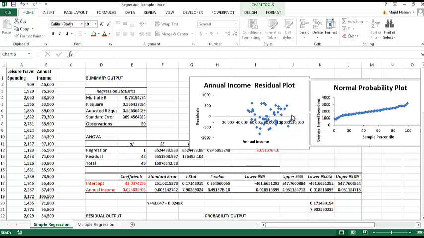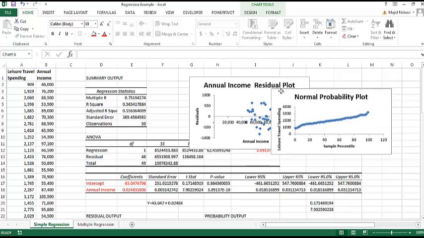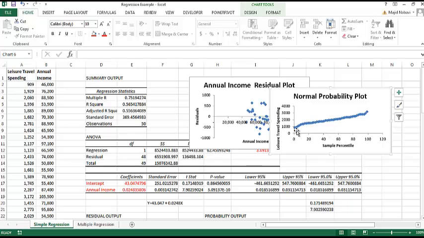If we see a curved pattern, or for example, if the errors are concentrated on one side mostly, or errors on lower numbers are much bigger than the errors on larger numbers, then we have a nonlinear pattern. Also, for the normal probability plot, we can see the plot of residuals is close to a straight line.